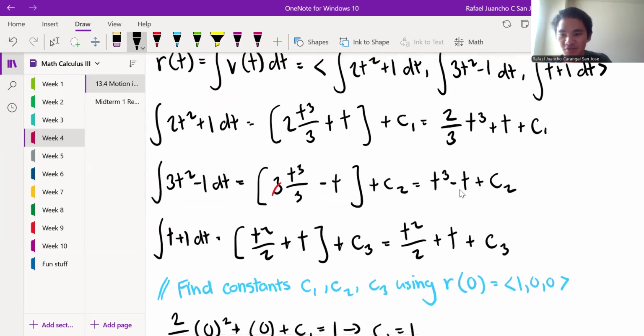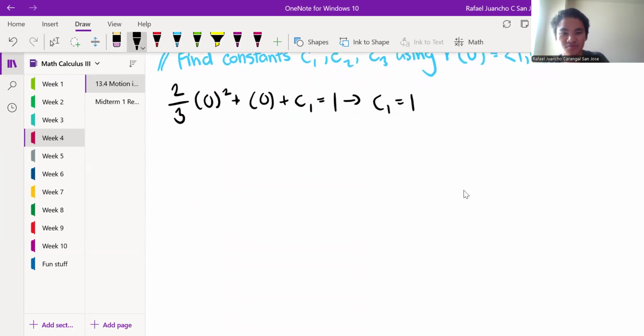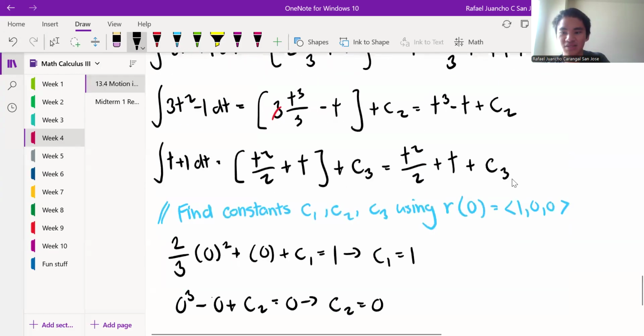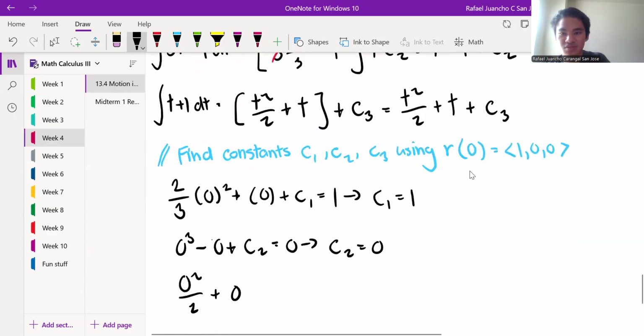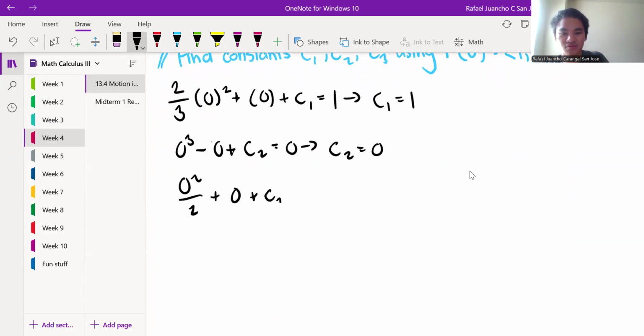Okay, my next one is t cubed minus t plus c2. This is equal to 0. And here I just changed these to 0. Well, look at that. I get c2 is 0. And lastly, my t squared over 2 plus t, plus c3 is also equal to 0. So I have c3 is equal to 0.